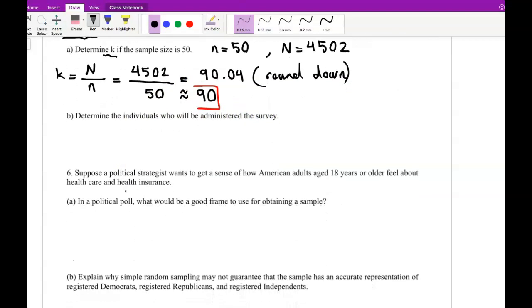Part B, determine the individuals who will be administered the survey. Now that we have k, we should choose what the starting point is.